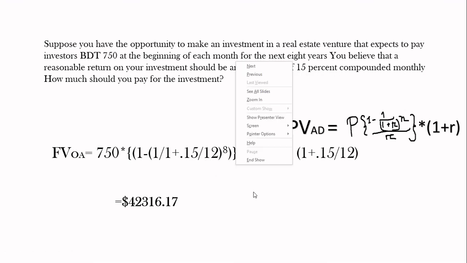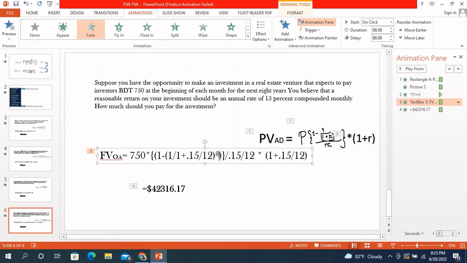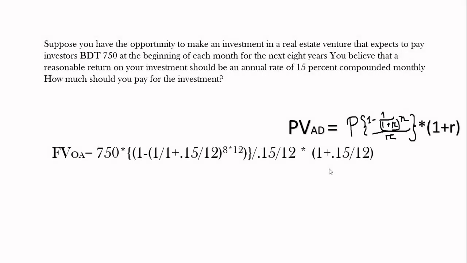Then, okay, again another correction, this n would be multiplied by 12, as the 15% is compounded monthly. So this n, the years, would be multiplied by 12. Okay, I think there's nothing else to correct.